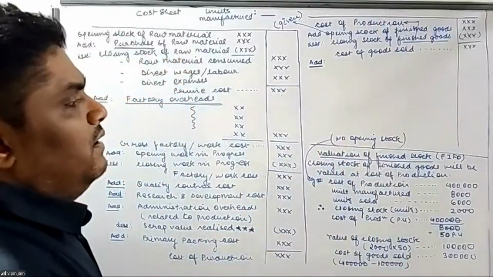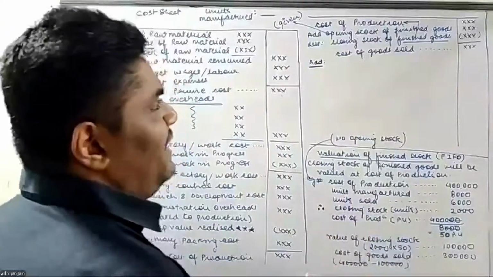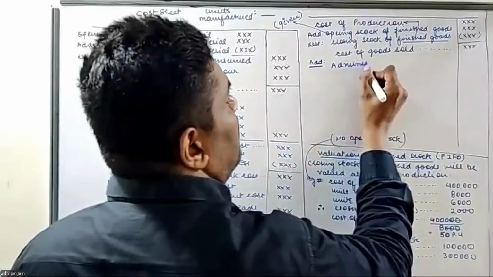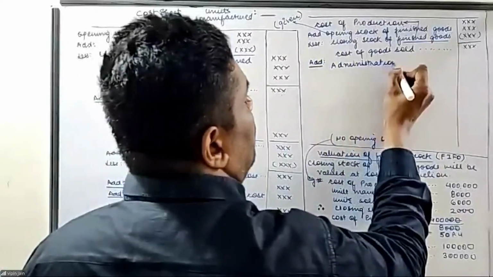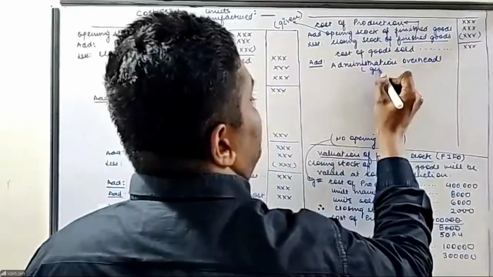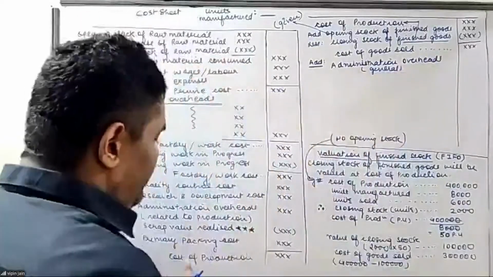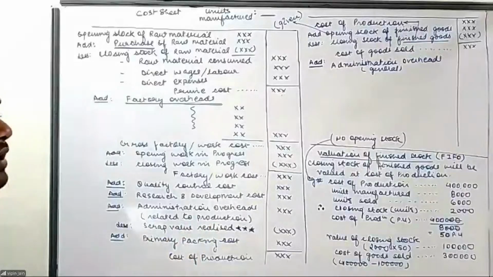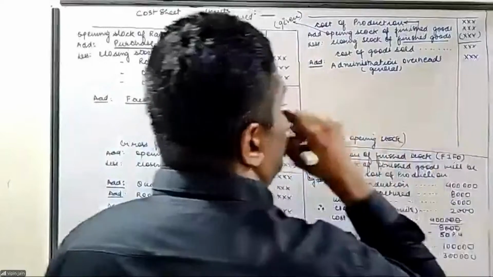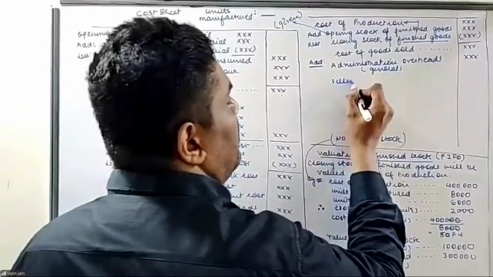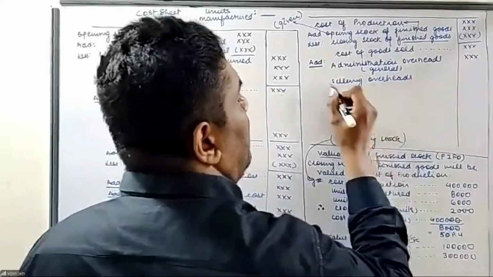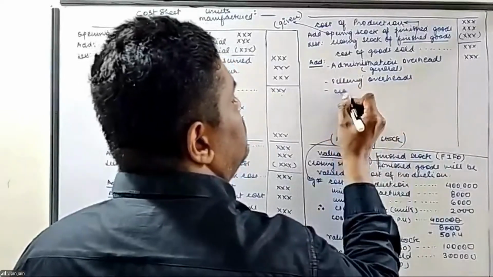In this, we will add the remaining items, that is administration overhead. We can say general administration overhead. Administration overhead related to production is already covered here, so all the general administration overhead will come here. All the selling overheads, all the distribution overheads.